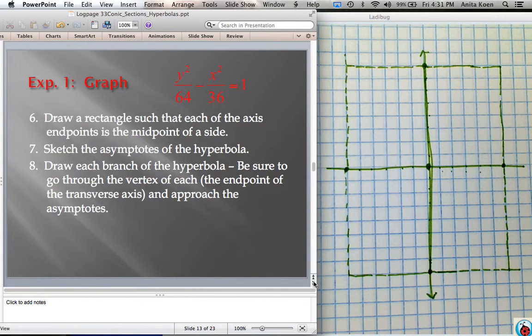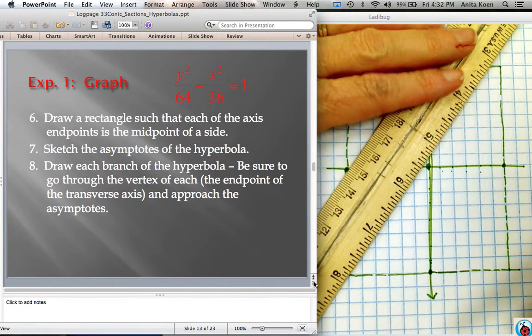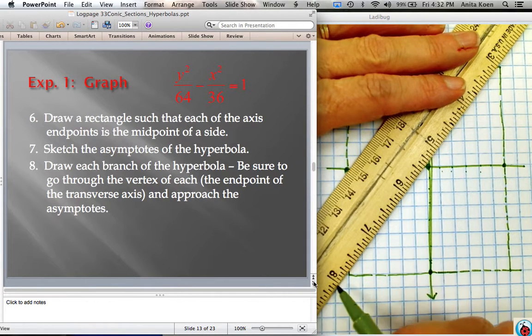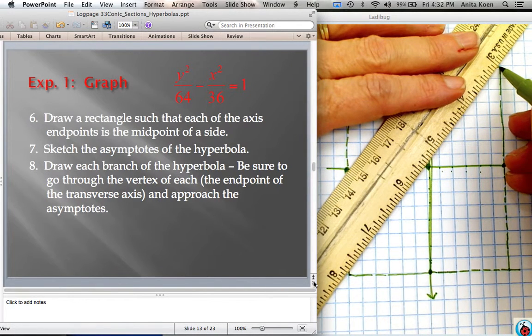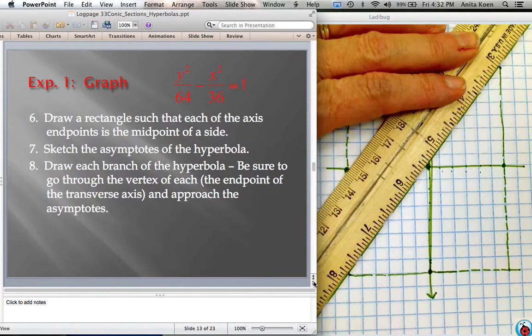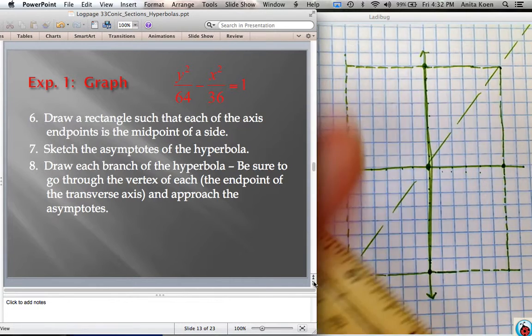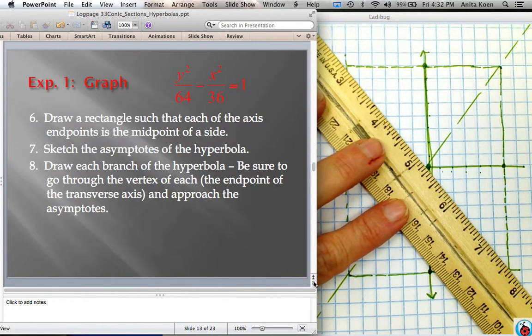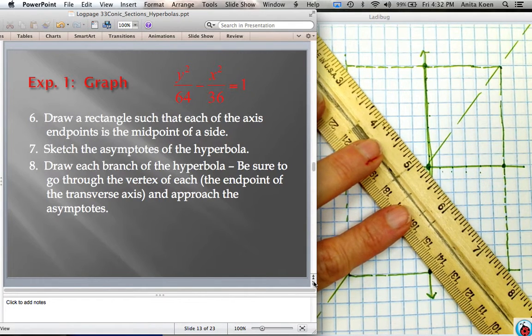Now, we're going to sketch the asymptotes of the hyperbola. The asymptotes of the hyperbola go through the center and through the corners of your rectangle. So I'm going to draw the asymptotes. Draw the other asymptote through the corners of the rectangle and through the center.